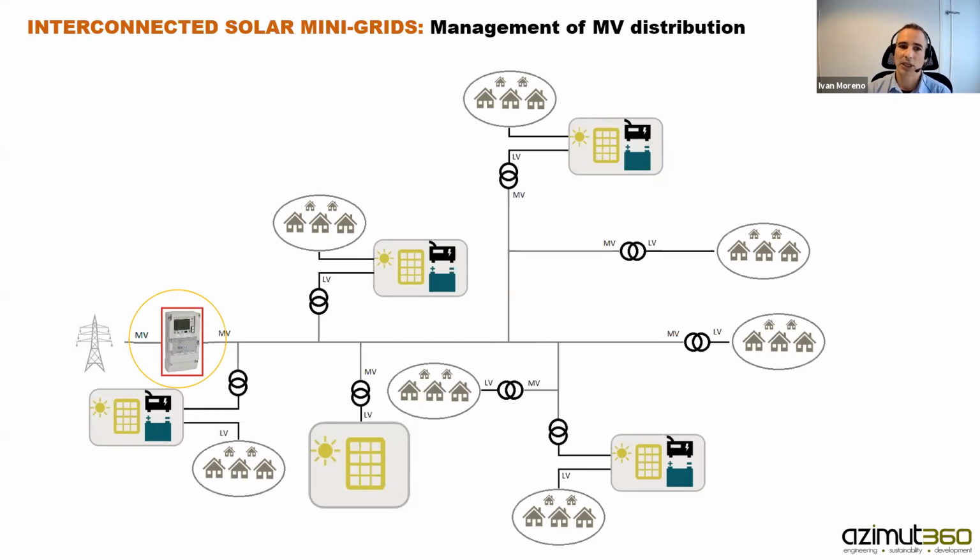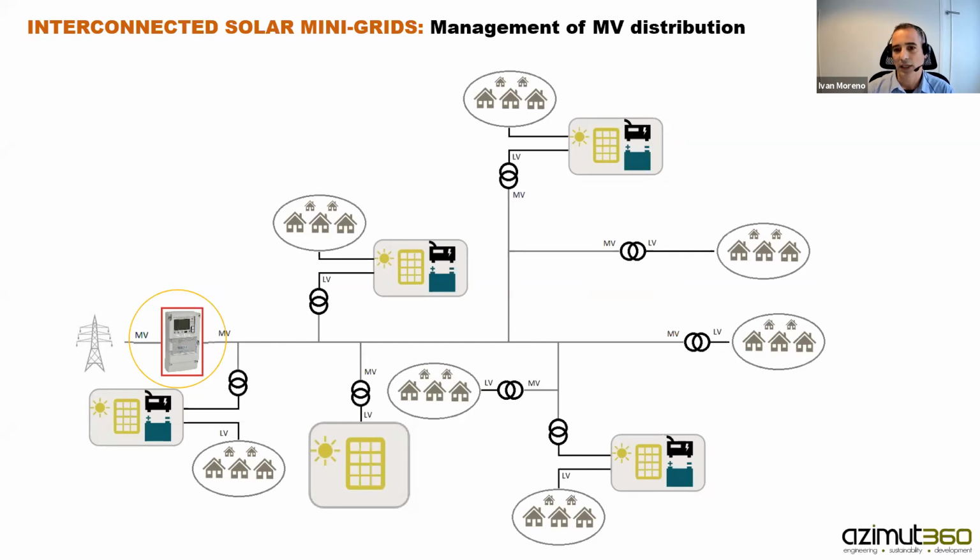For example, it's possible to do net metering with only one meter in medium voltage measurement, and this can bring the possibility to balance costs in a common tariff for all the consumers, and therefore to get the benefit of sharing all the green energy generation among the community of villages.